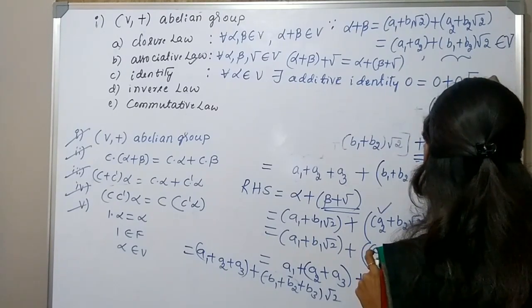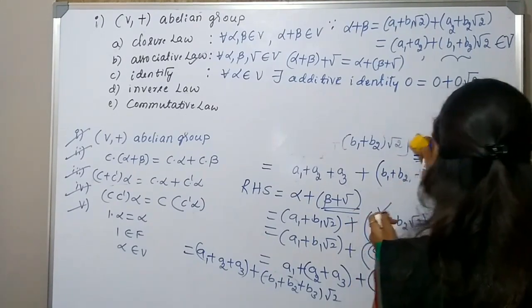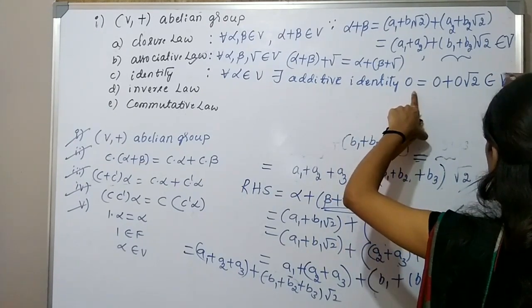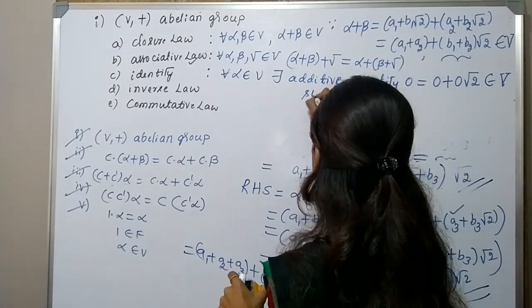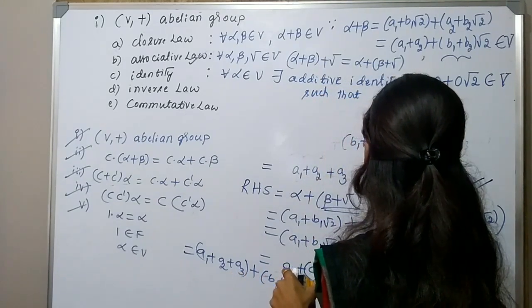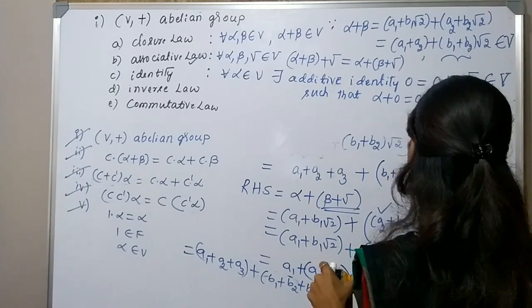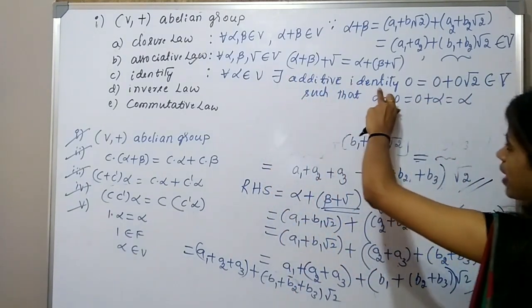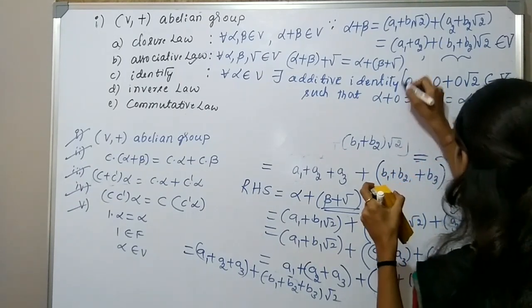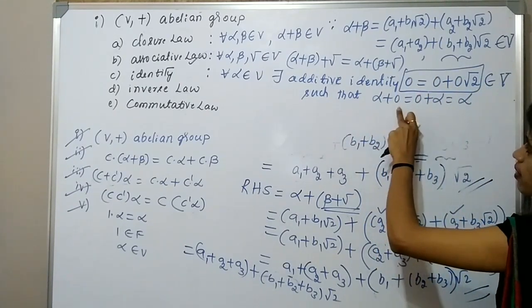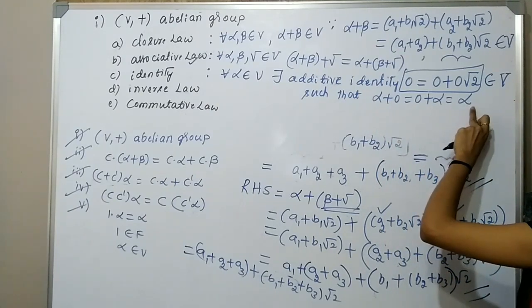So 0 plus 0 root 2 is in the form A plus B root 2, so it belongs to V. Such that alpha plus 0, or 0 plus alpha, is equal to alpha itself. So for all alpha belongs to V, there exists an additive identity 0 plus 0 root 2, such that alpha plus 0 is equal to 0 plus alpha, which is equal to alpha. This is important.